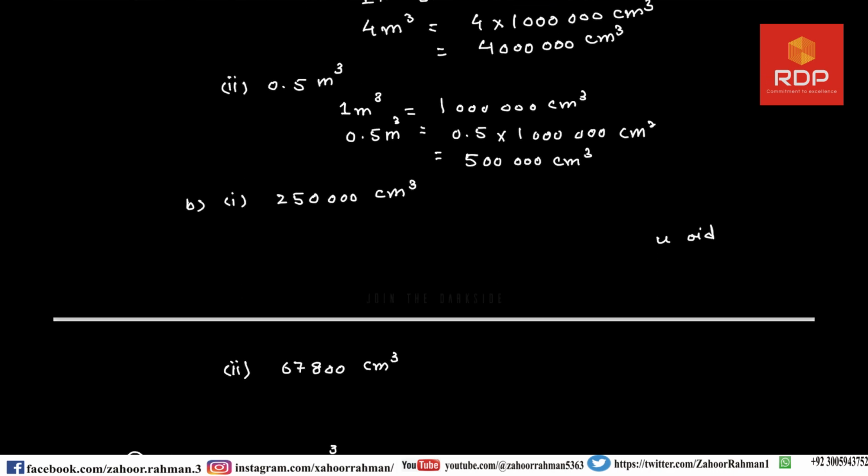Similarly, the second one is saying that in B part express each of the following in meter cube. You have to write it in meter cube. So 250,000 centimeter cube, we have to convert it into meter cube.